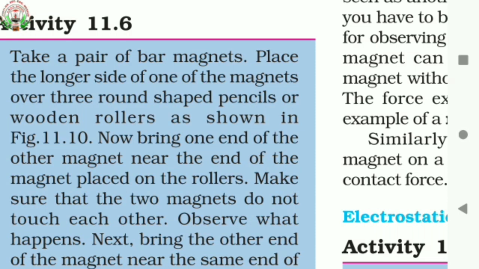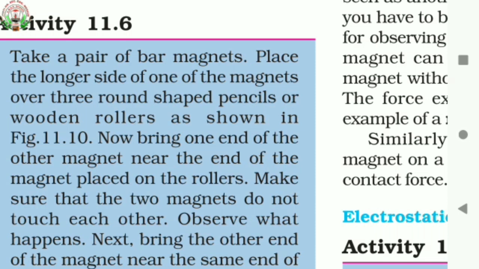And there are two properties of a magnet. The first property is that a freely suspended magnet always shows the north-south direction.